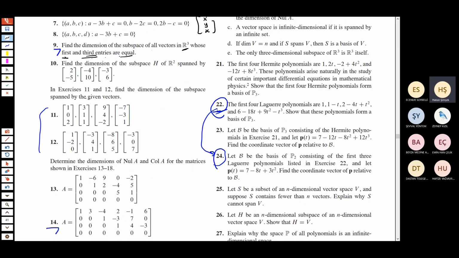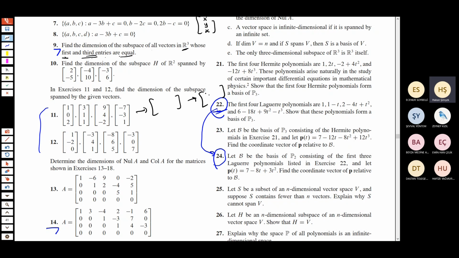In exercises 11 and 12, find the dimension of the subspace spanned by the given vectors. Also, this is very easy for you. After seeing the answers of the previous questions, you will just write the corresponding matrix. Okay, you will find the echelon form.